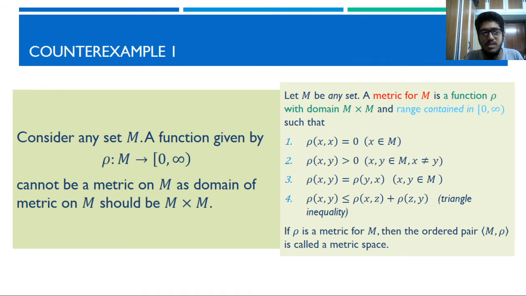And also the definition demands that the domain should be M cross M. So here, when our domain is M, it's just going to be one number x. So rho of x doesn't make sense as a distance. That's why the definition clearly demands that the domain should be M cross M.